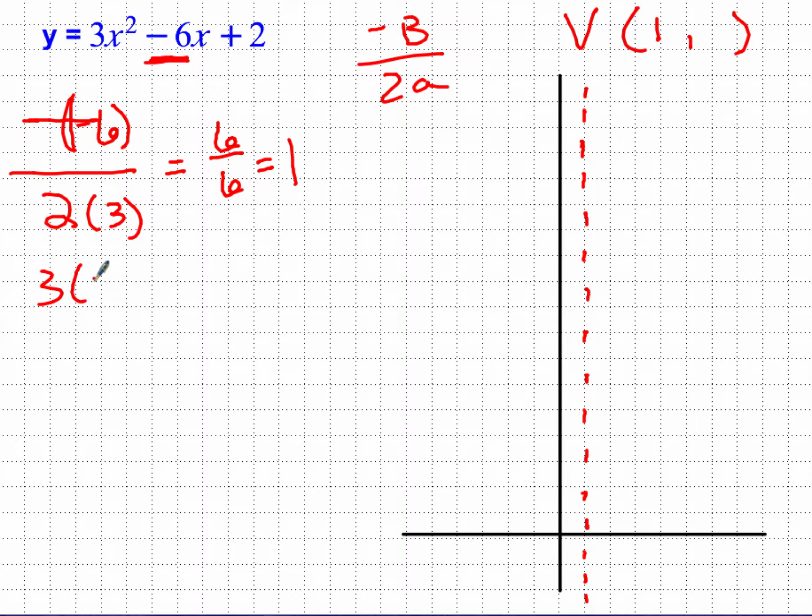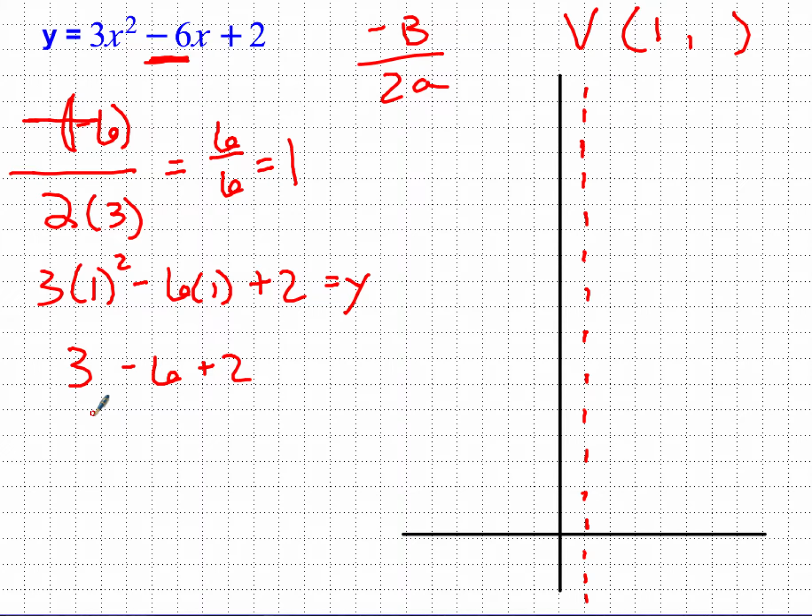So I have 3 times 1 squared minus 6 times 1 plus 2. I'm plugging in the x value of my vertex to figure out what the y is. 1 squared is just 1 times 3, so this simplifies to just 3 minus 6 plus 2.